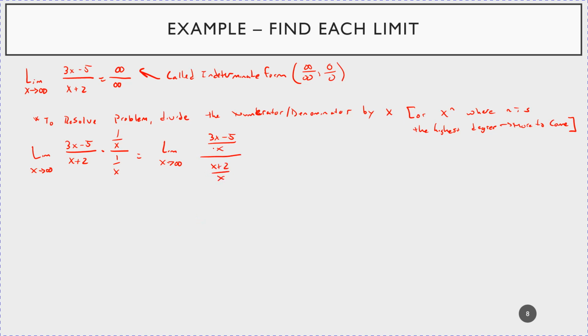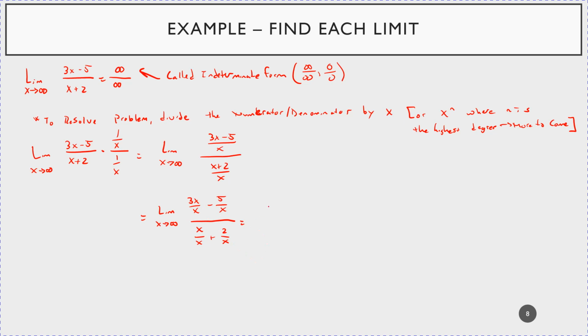What I'm going to do now, watch as I do this. I'm going to split the terms up here in the numerator and denominator. So this is the limit as x goes to infinity of 3x over x minus 5 over x, divided by x over x plus 2 over x.